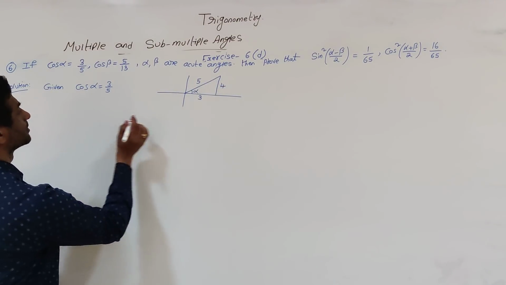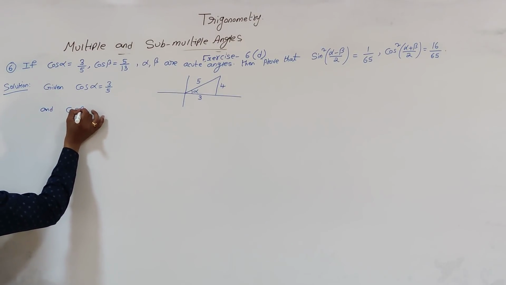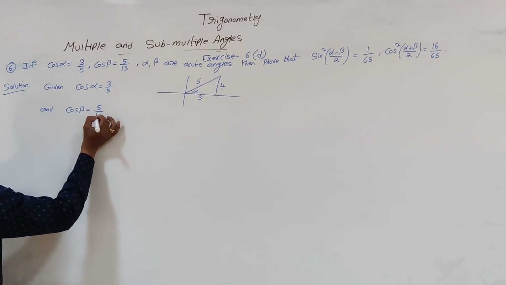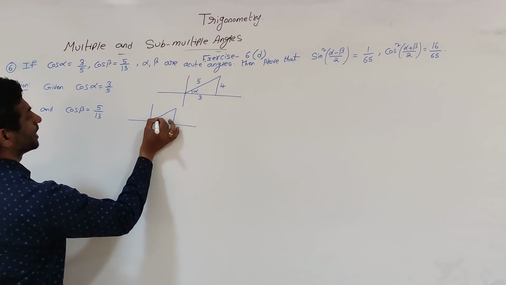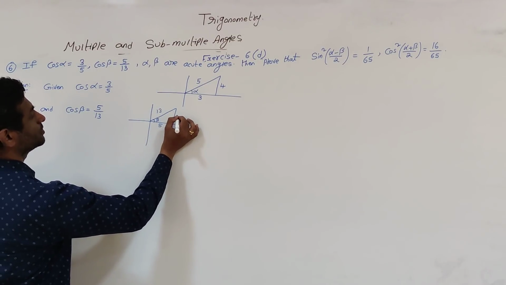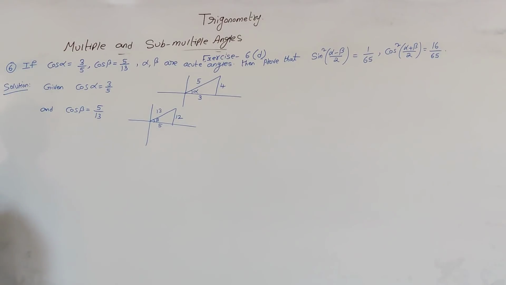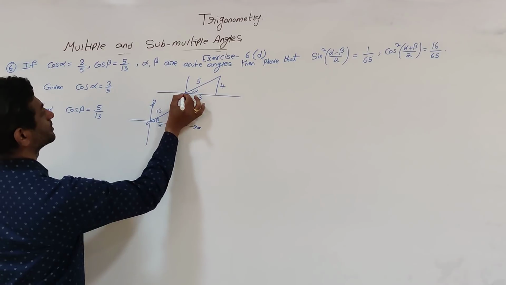Next, cos beta is 5 by 13. So again we go for one more right angle triangle for beta, adjacent side is 5 and hypotenuse is 13, and this gives 12 if you apply the Pythagoras theorem.